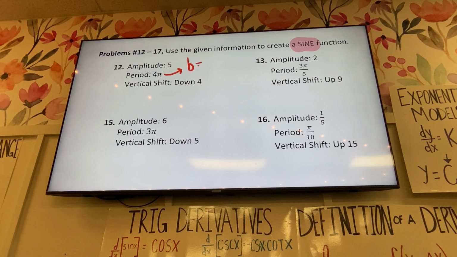The B value is going to come from 2 pi divided by whatever your period is. 2 pi is always on top. So the number in your equation is going to be 1/2, and your equation would be y equals 5 sine 1/2 x, and then down 4, so -4. Does that make sense?